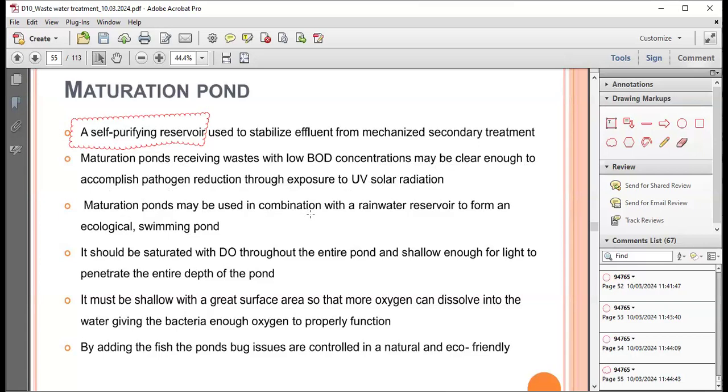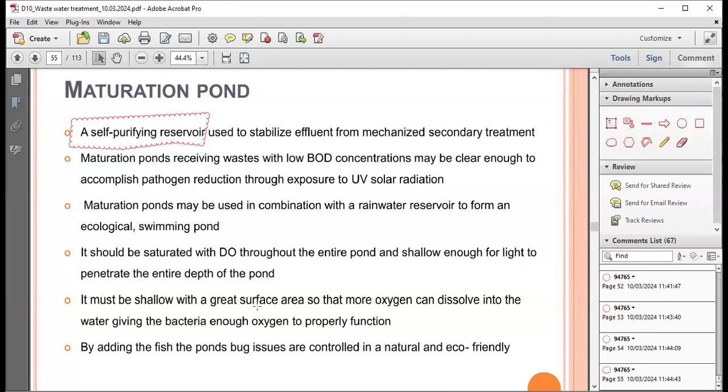Maturation ponds may be used in combination with a rainwater reservoir to form an ecological swimming pond. It should be saturated with DO throughout the pond and shallow enough for light to penetrate the entire depth of the pond.